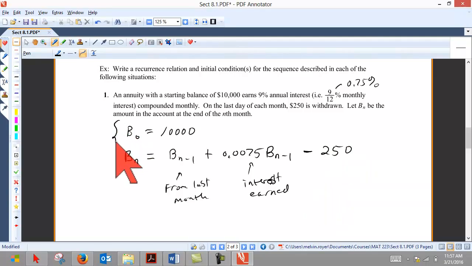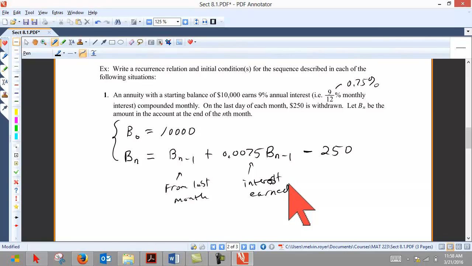So these two things together would allow me to calculate way into the future, one month at a time, and find out how much I'll have 100 months from now or 500 months from now. And an investment advisor, of course, would use this to ask, is this enough? Are you going to run out of money, or are you going to build up money, or stay even? Does that make sense?